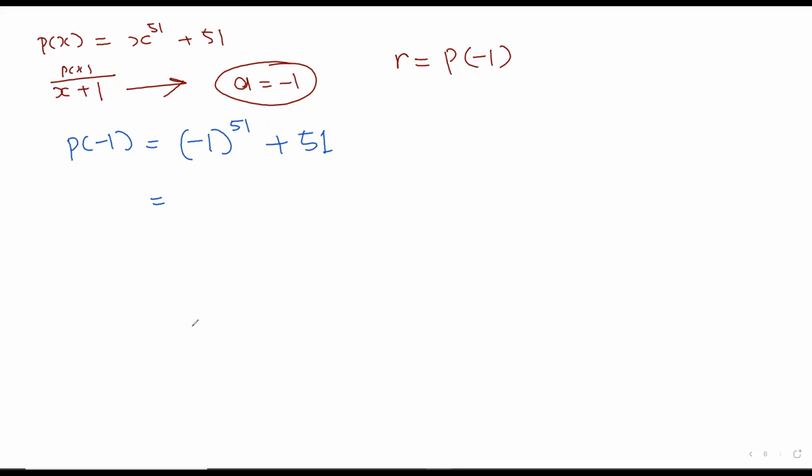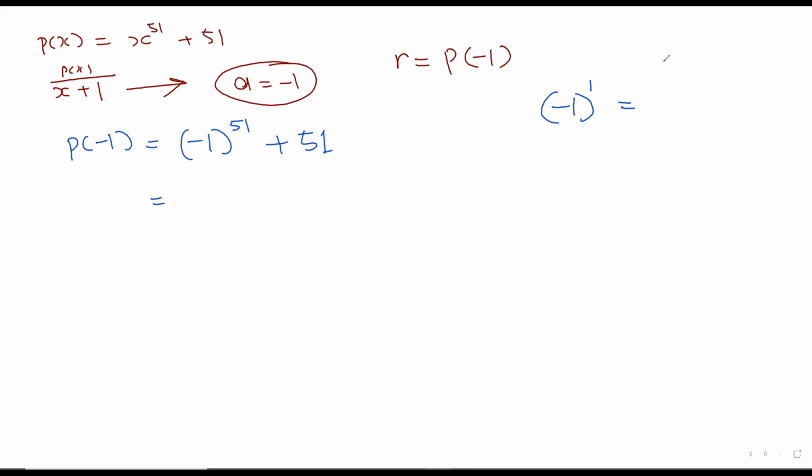Okay, so this is something that we do, which is kind of interesting. See, if I have -1 to the power of 1, what is this equal to? Ma'am, -1.